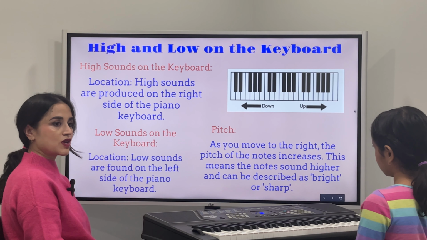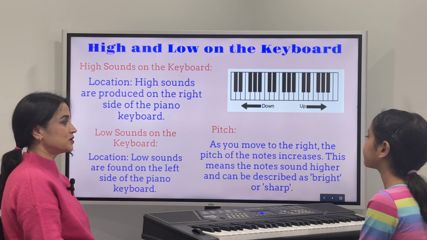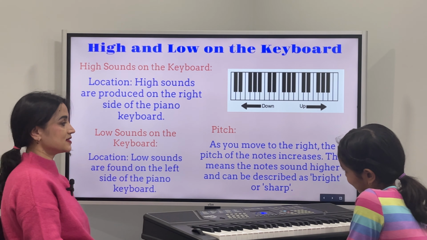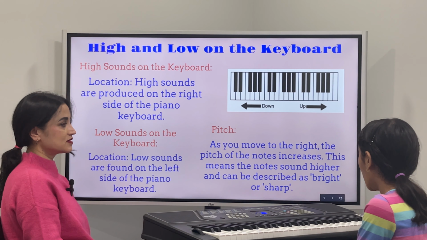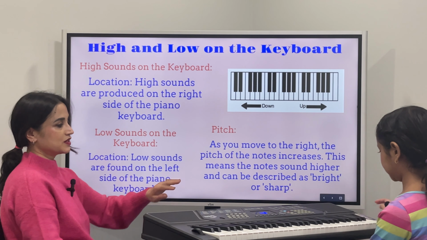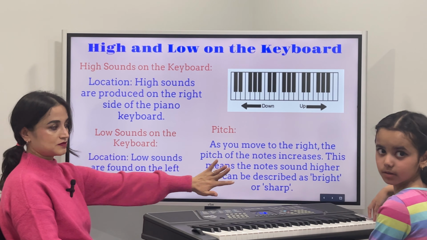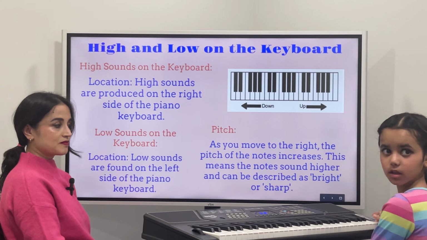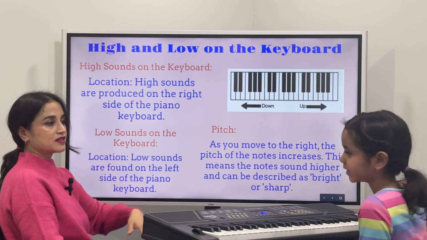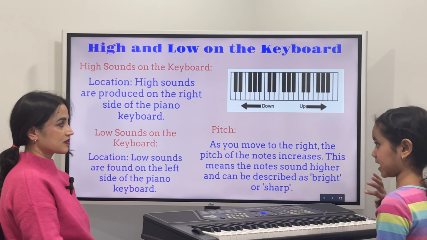It also has a pitch. As you move to the right, the pitch of the notes increases. This means the notes sound higher and can be described as bright or sharp. So this is the brightest, sharpest sound. Can you press it at the end, on the right side?